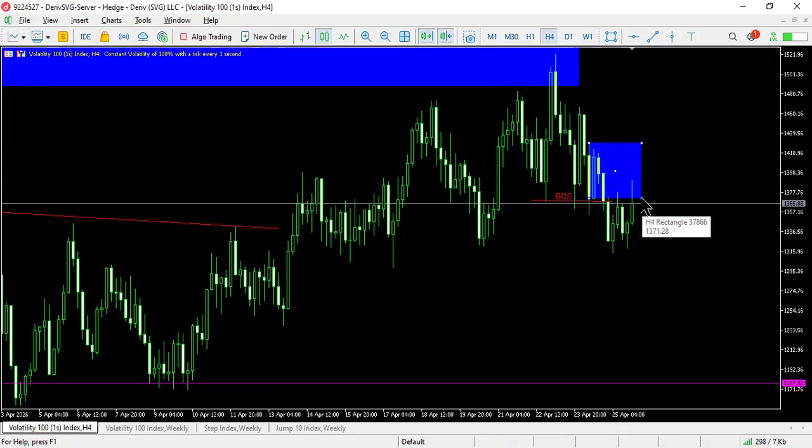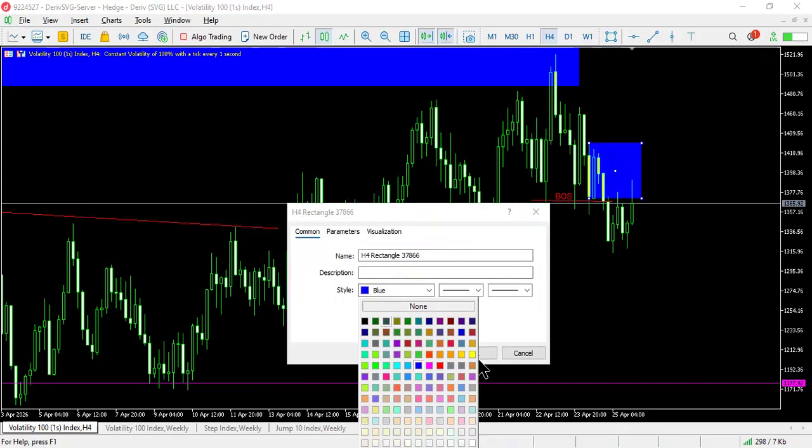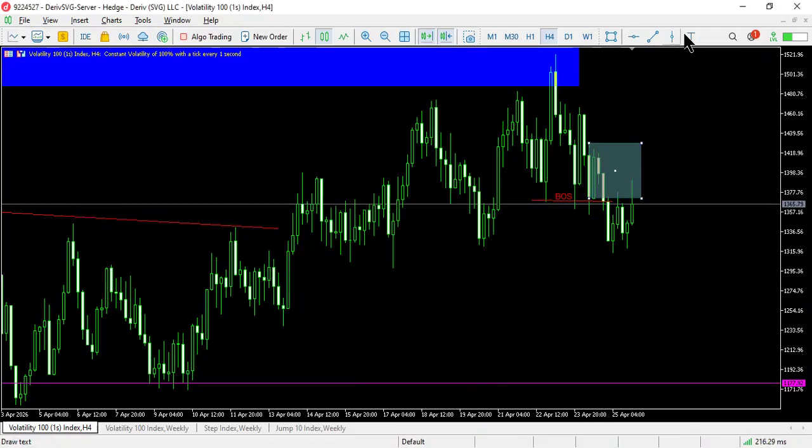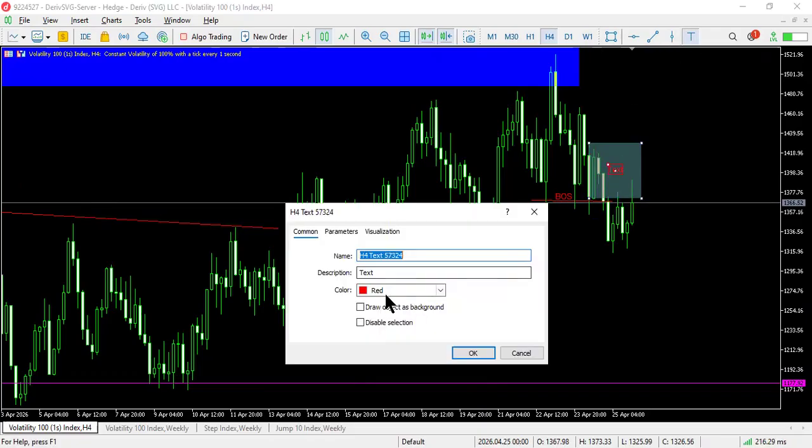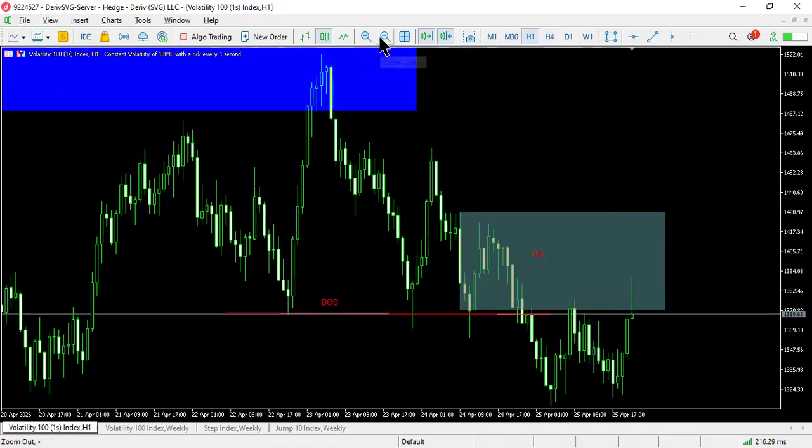It is that order block right there where price is currently reacting. And then heading over to our entry time frame, which is the 1 hour time frame.